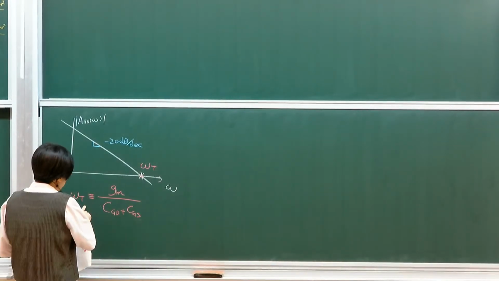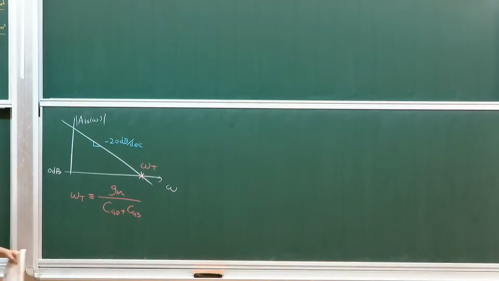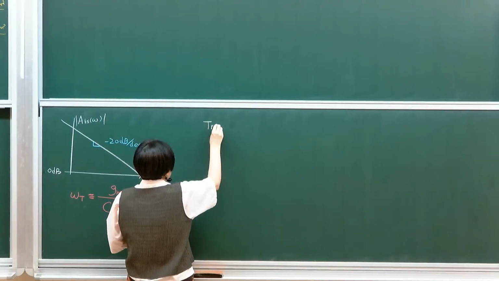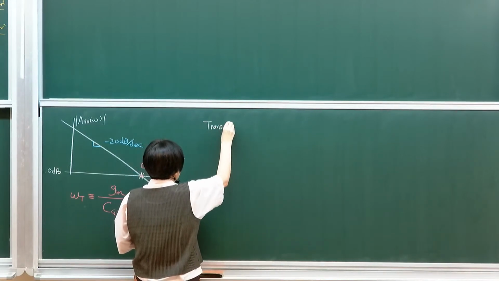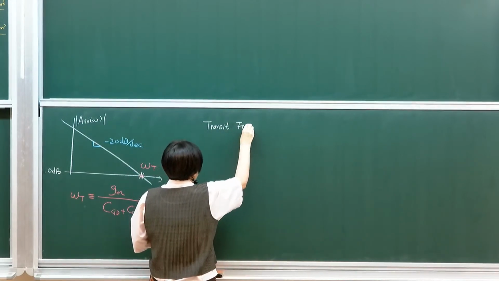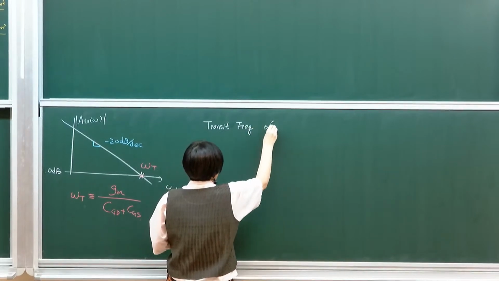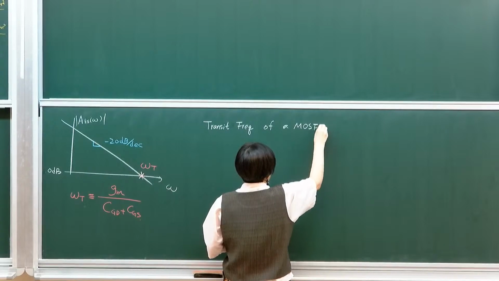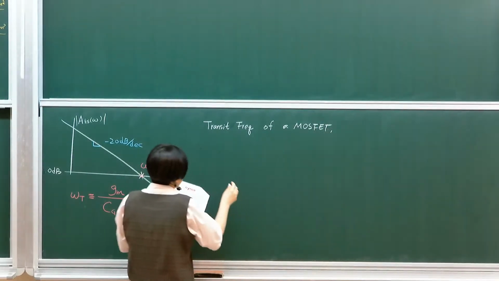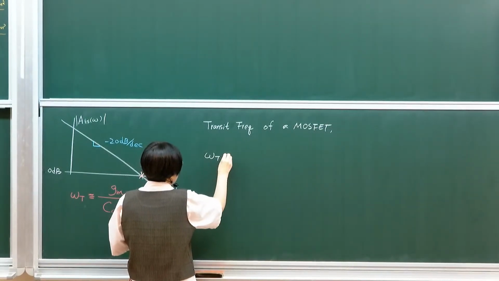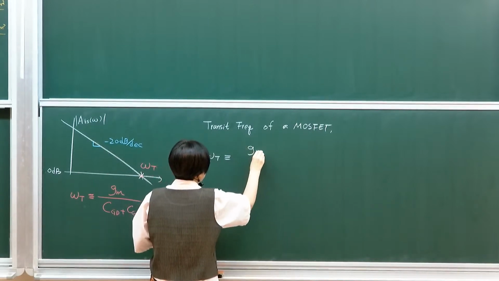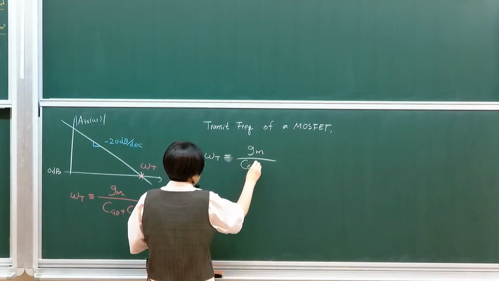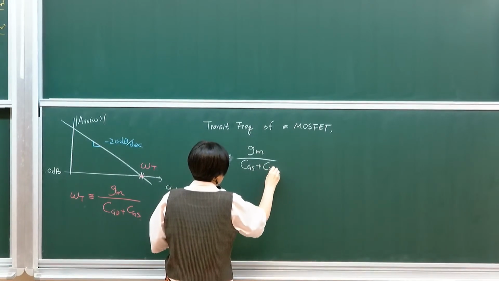So let's write down what are the limitations on transit frequency. So the transit frequency of a MOSFET is determined by omega t, once again, GM over CGS plus CGD.